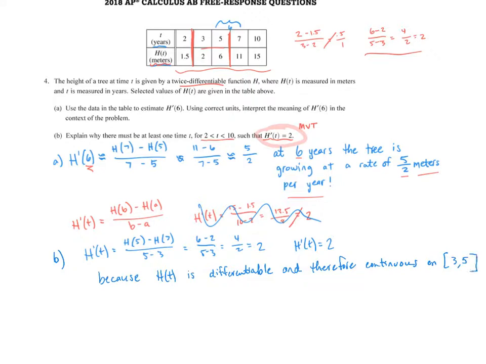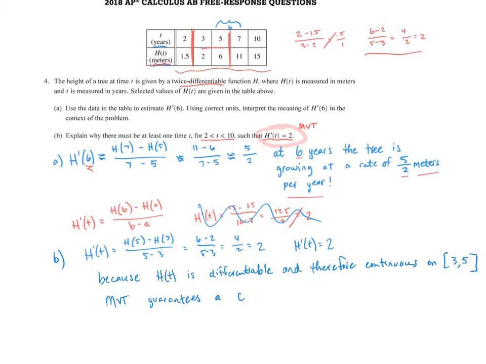So because h of t is differentiable and therefore continuous on the interval 3 to 5, MVT guarantees a place. I'm just going to call it a C because that's how we used it whenever we learned about MVT.